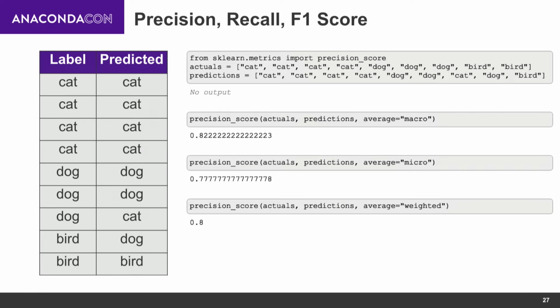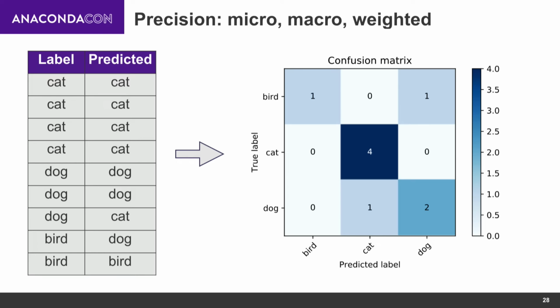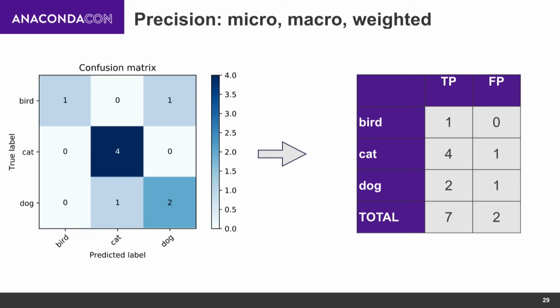So we're going to take this to our example, make a confusion matrix, and then calculate each metric for each label, for each class. We're going to treat them as a one versus all problem, meaning that, for example, for a bird, we're going to calculate the true positives.